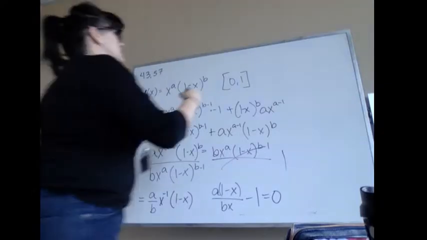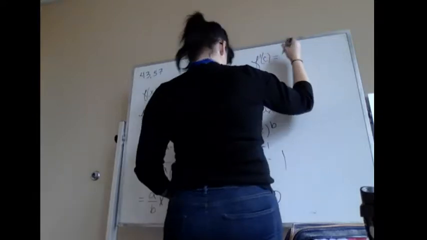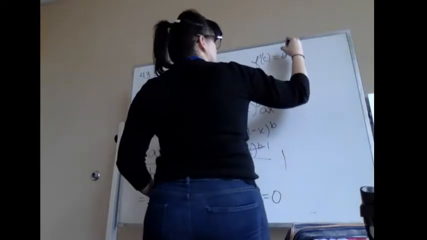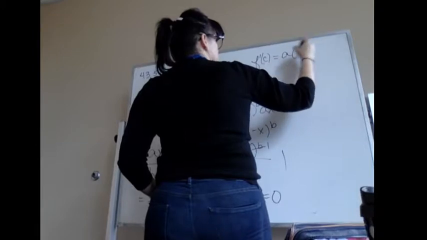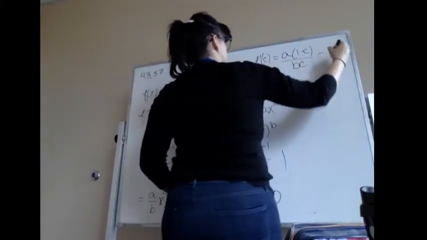So f prime of c equals a times 1 minus c over bc minus 1.